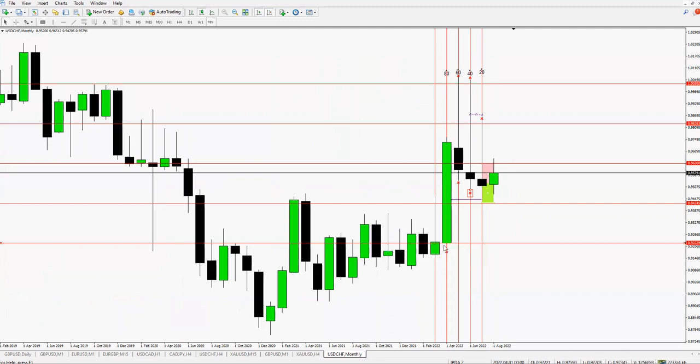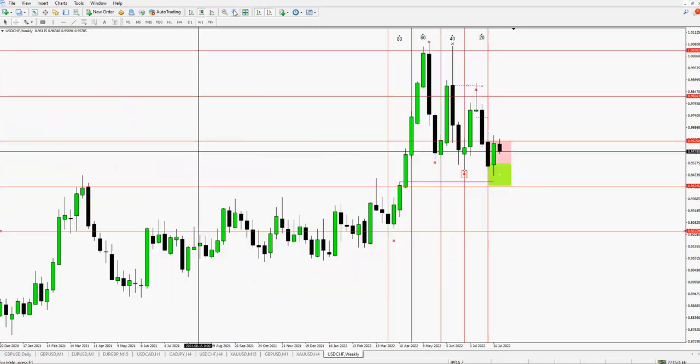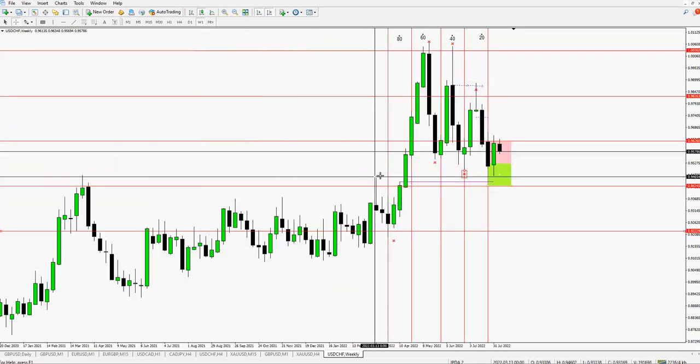So based on what happened prior, based on 20, 40, 60, our bias is bullish, because the monthly just created this huge void. And as a bonus factor, there's the swing high of the previous month over here, which on the weekly chart is the monthly high of the previous month.